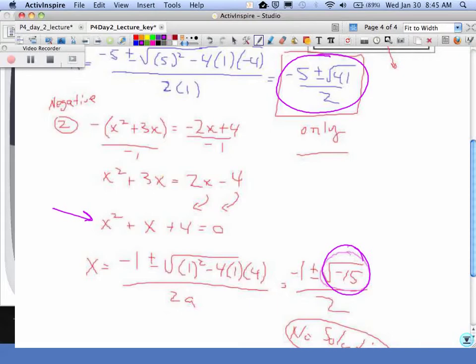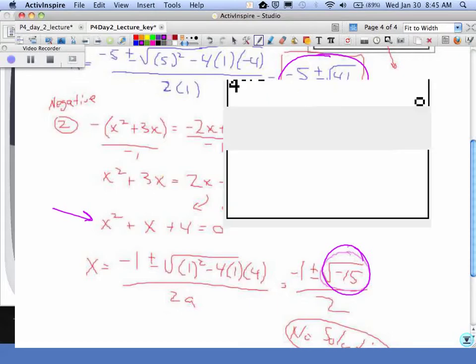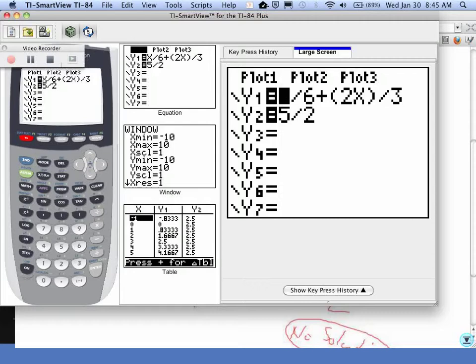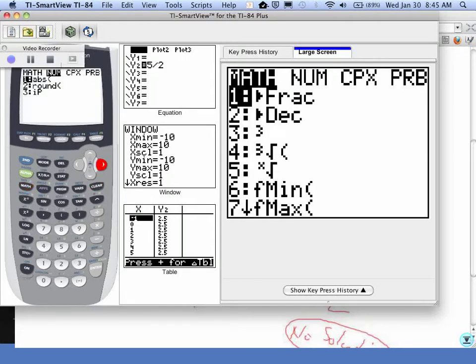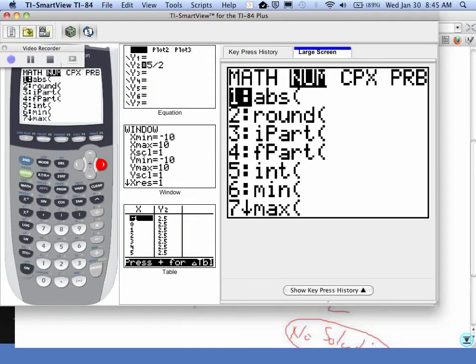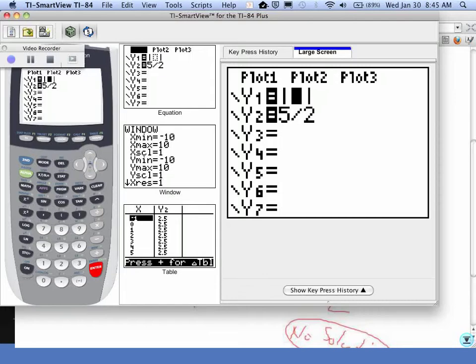Look at the graph. Just to verify, because a lot of times these answers aren't going to make sense to you guys. They're crazy decimals. They're not very nice. So for that left-hand side, hit math, slide over to number, grab the ABS. My calculator, when I hit absolute value, gives me the little symbol for absolute value, and I type my stuff in.